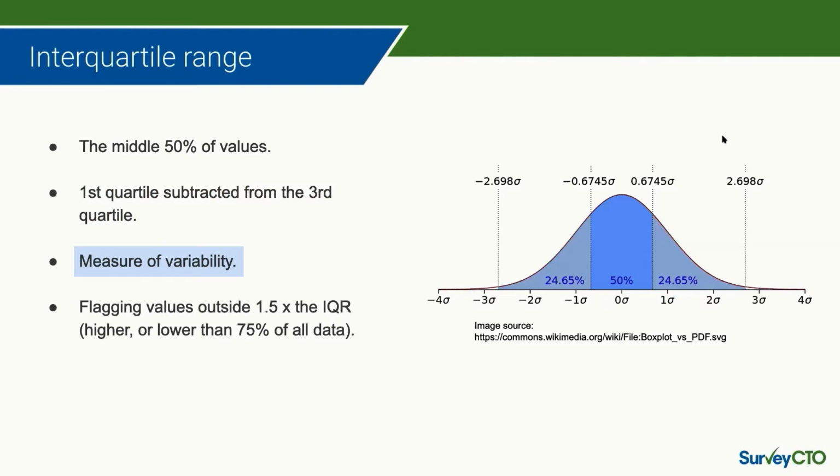The interquartile range is a measure of variability or spread of the data. As part of our suggestion to you, we'll be flagging sensor statistic values that are outside 1.5 times the interquartile range, so covering actually the middle 75% of values. So it's not quite as sensitive.